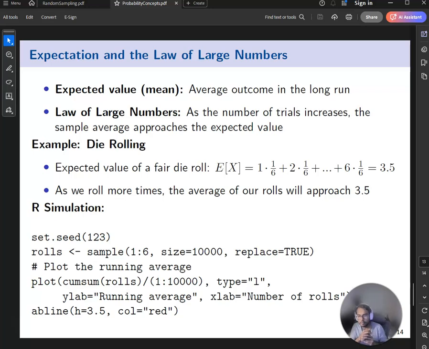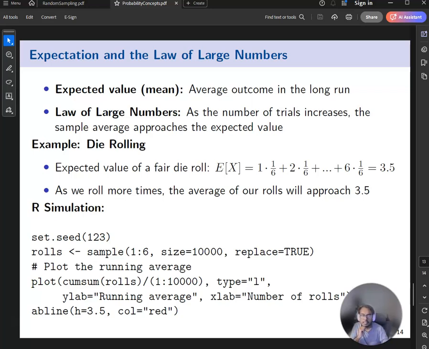So if I'm considering rolling a fair die, the expected value is 1 times 1 by 6 plus 2 times 1 by 6 plus up to 6 times 1 by 6, which is 3.5. But interestingly, 3.5 is weird because we can't actually roll a 3.5. This shows that the expected value doesn't need to be a possible outcome. It is just a theoretical average based on the values we are working with and the probability that we are dealing with.